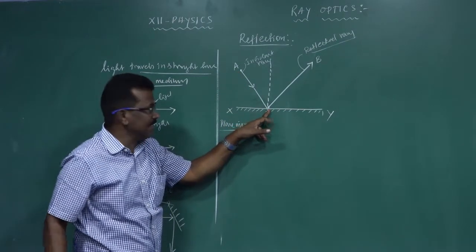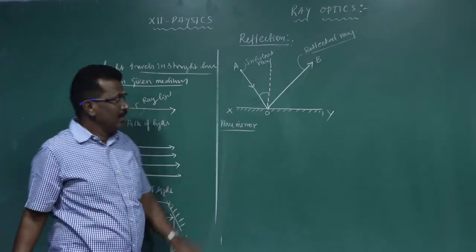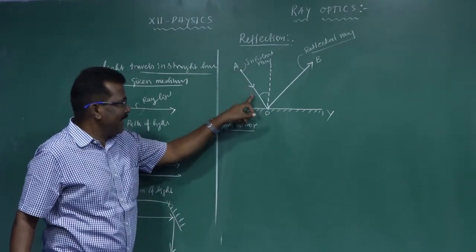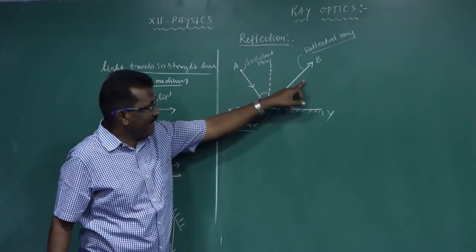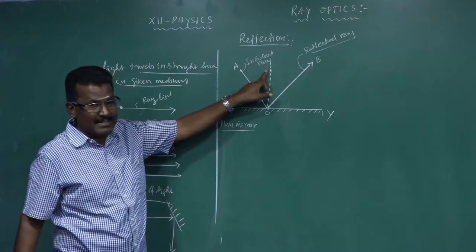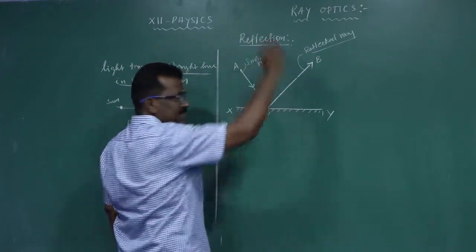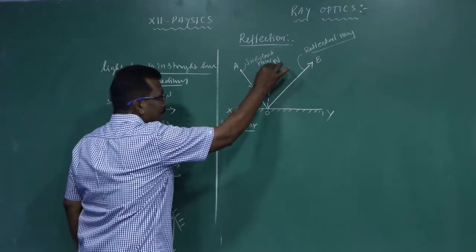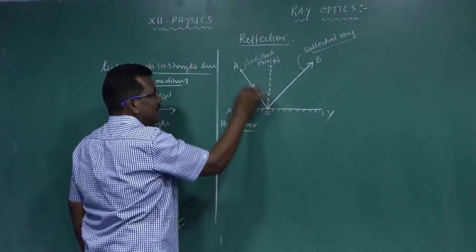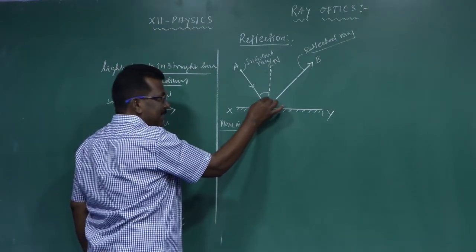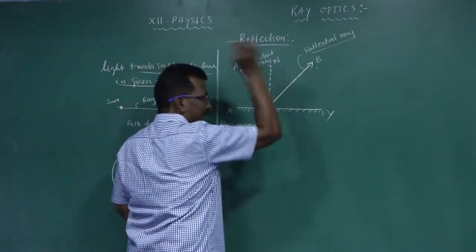The incident ray makes an angle with the normal, and the reflected ray makes an angle with the normal. N represents the normal drawn to the surface at the point of incidence of the ray. It makes an angle with AO and also with OB.